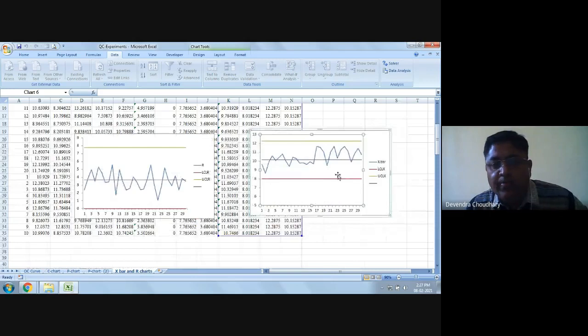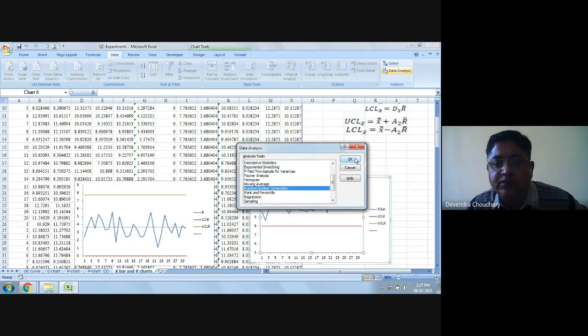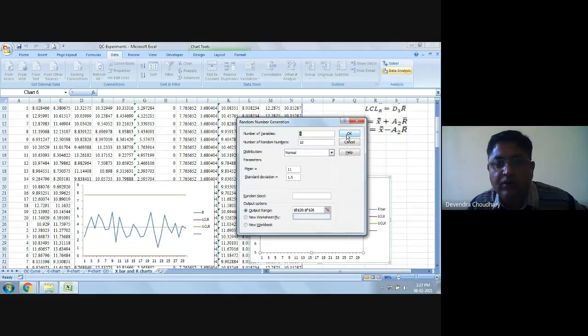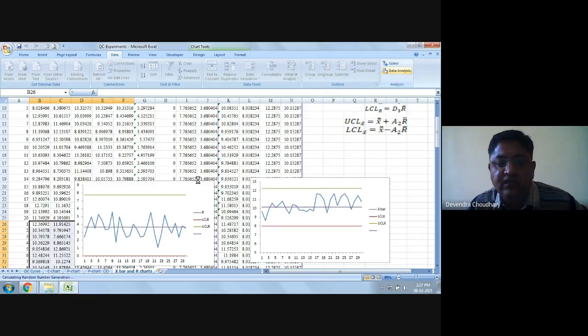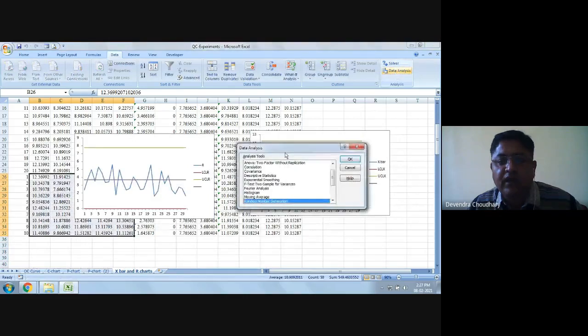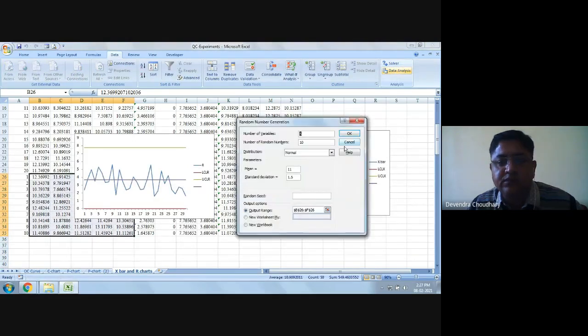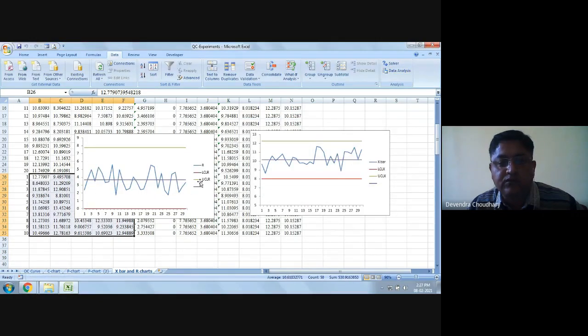Okay. Now you see that when my process mean is 11, you can change again. These are random numbers generated, so in 2 or 3 such generations you will get that sometimes the process may really go out of control. The values are changing? Yes, this is changing.